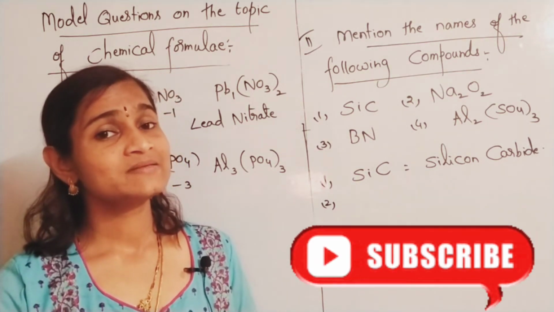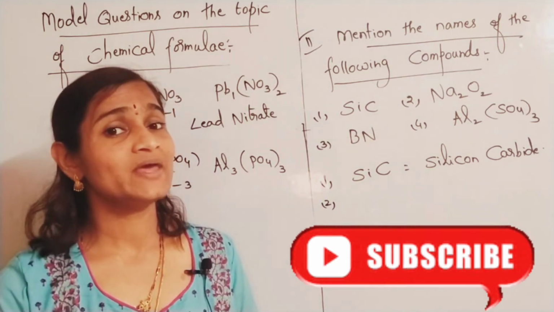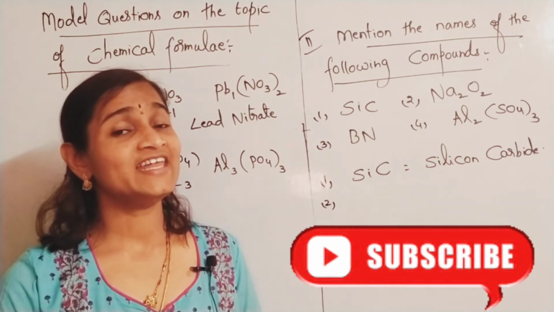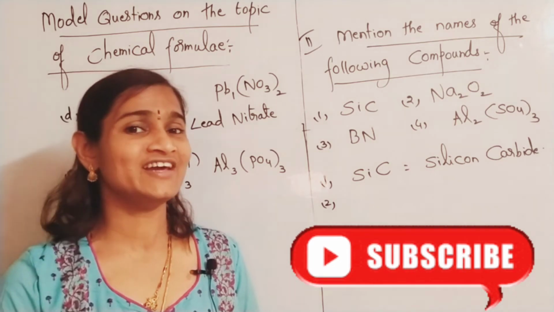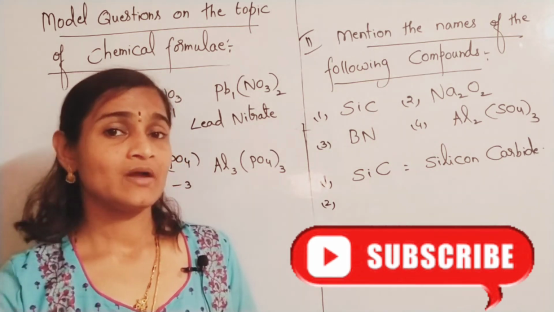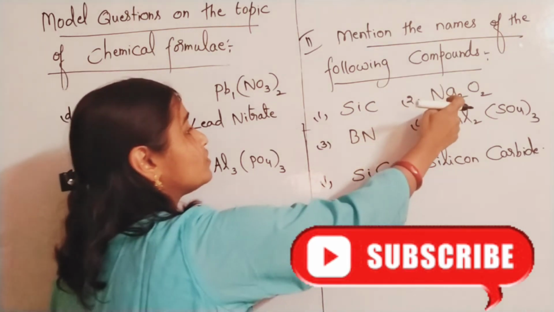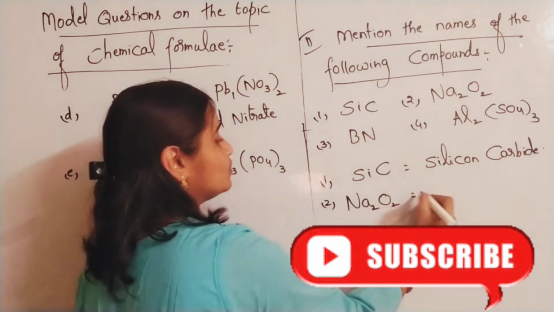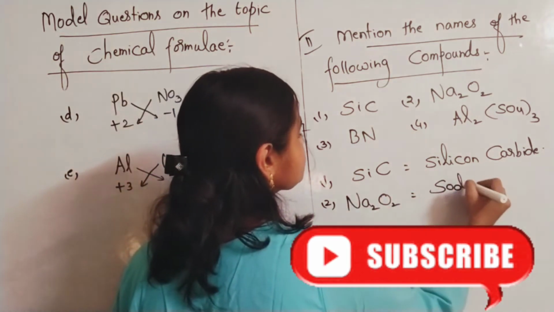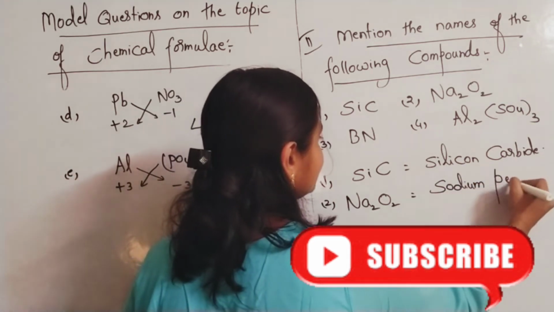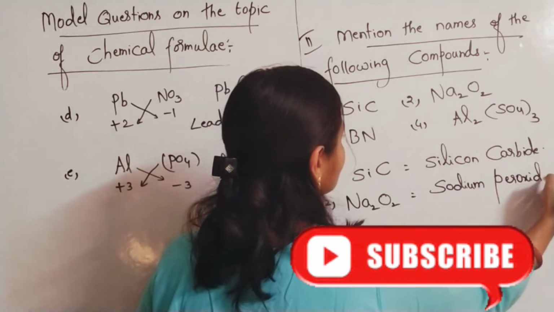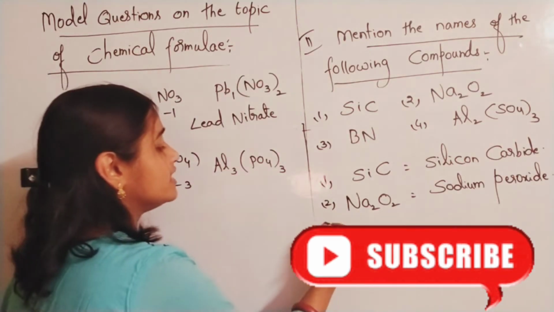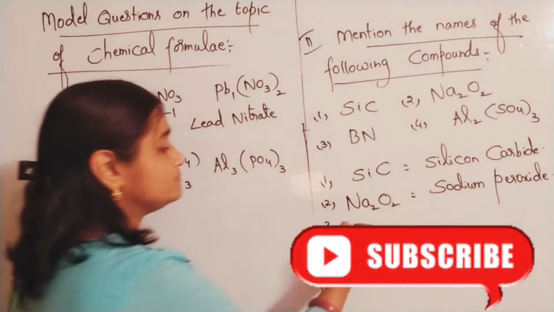Oxygen exhibits so many types of ions: peroxide ions, superoxides, oxyfluorides, and even in the oxidation number rules we have learnt all these kinds of things. So O2, if it is there, peroxide. Na2O2 is sodium peroxide.